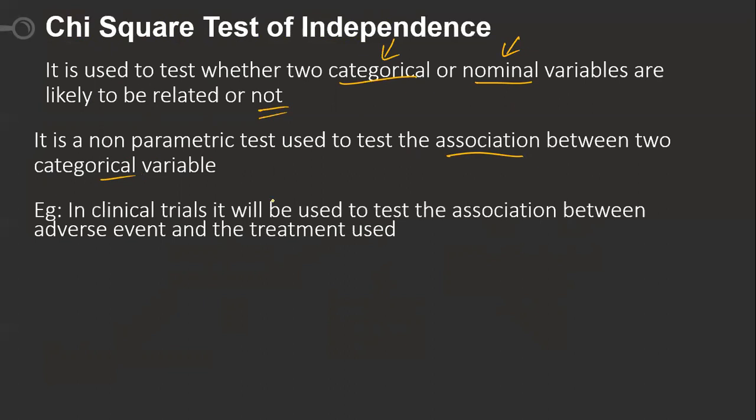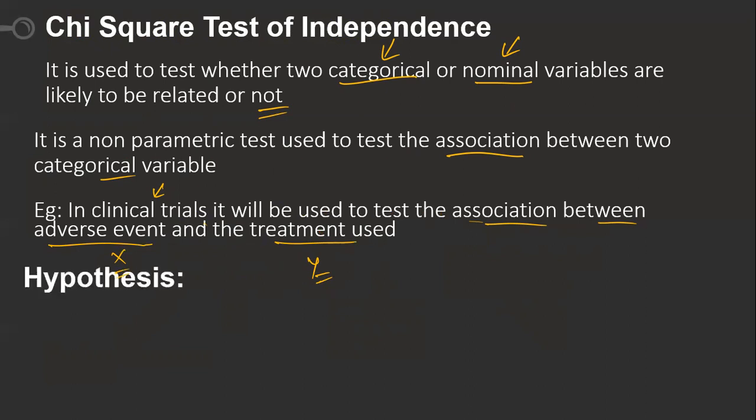For example, in a clinical trial, it can be used to test the association between the adverse event, which is one variable, and the treatment used, which is the other variable. Is there any relationship between X and Y? That is what we study here.